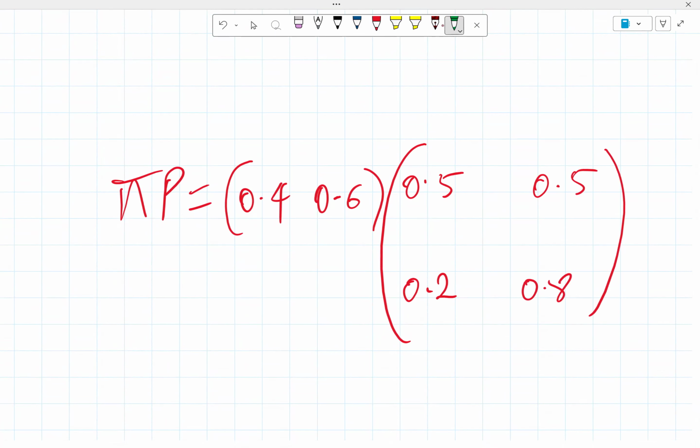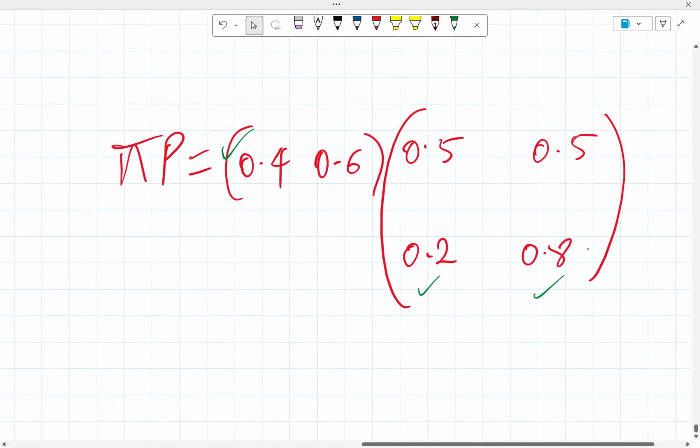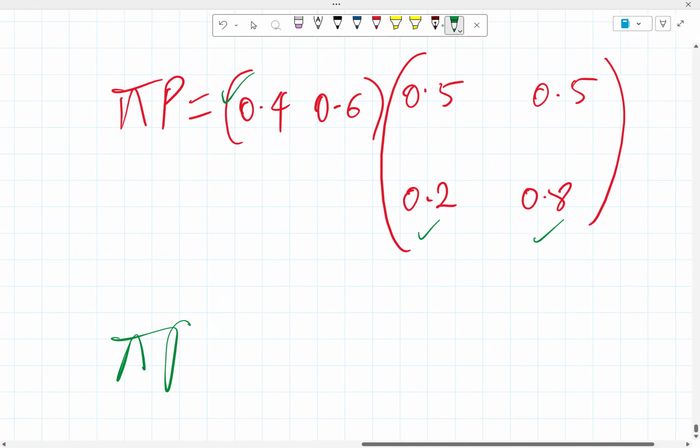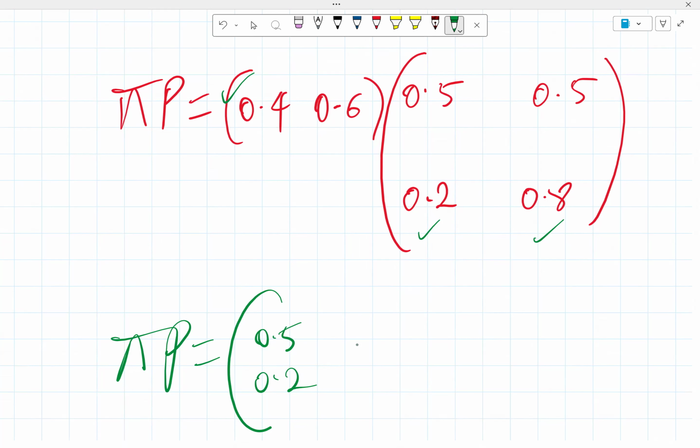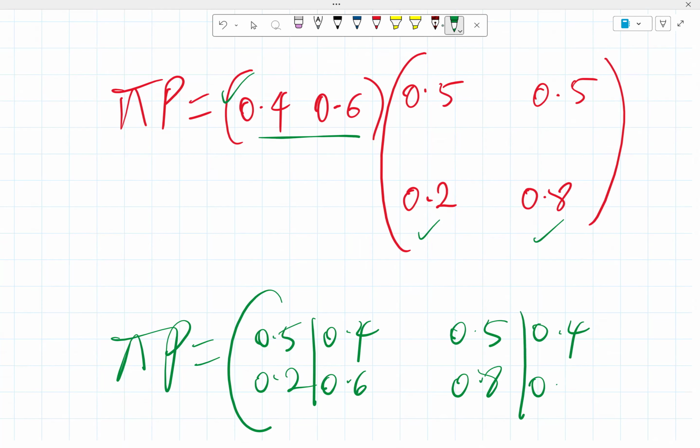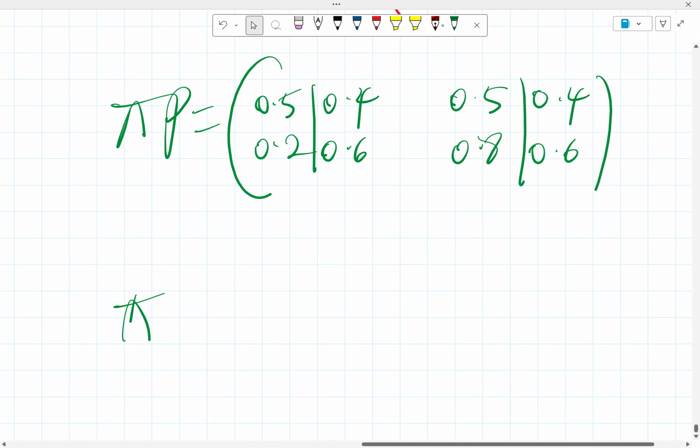We have only one row here, so we write each column once. Then pi P is this 0.5 times 0.4.